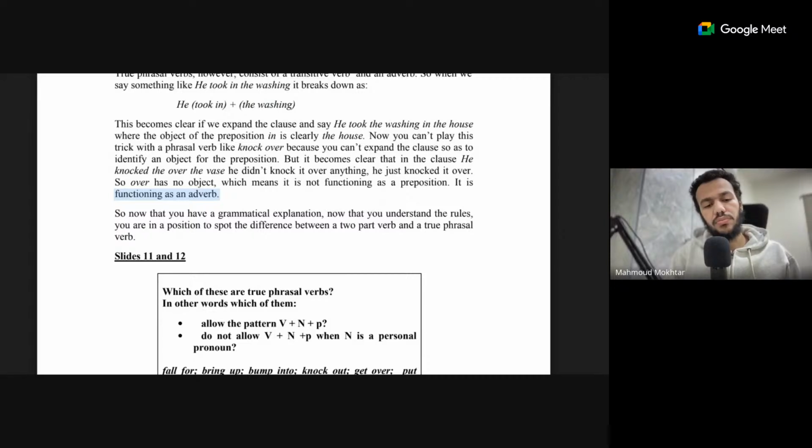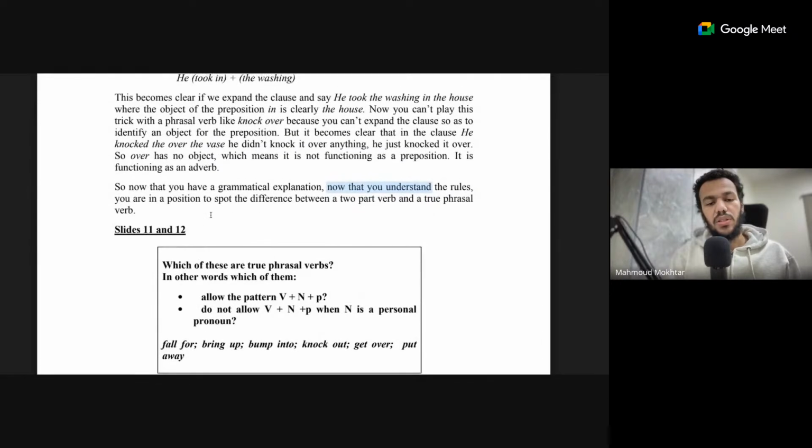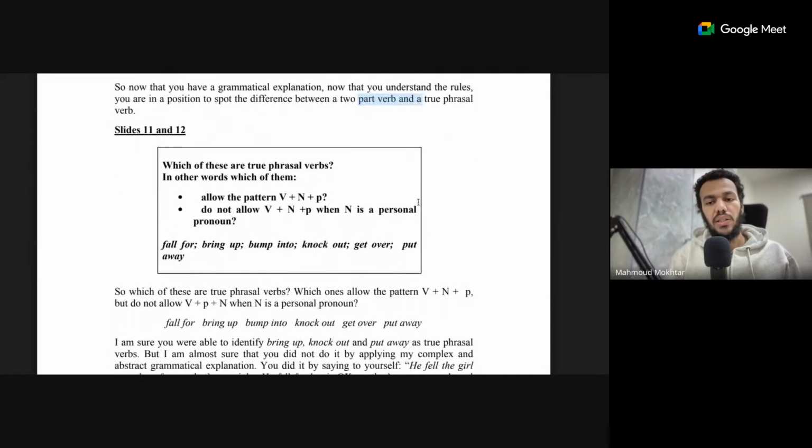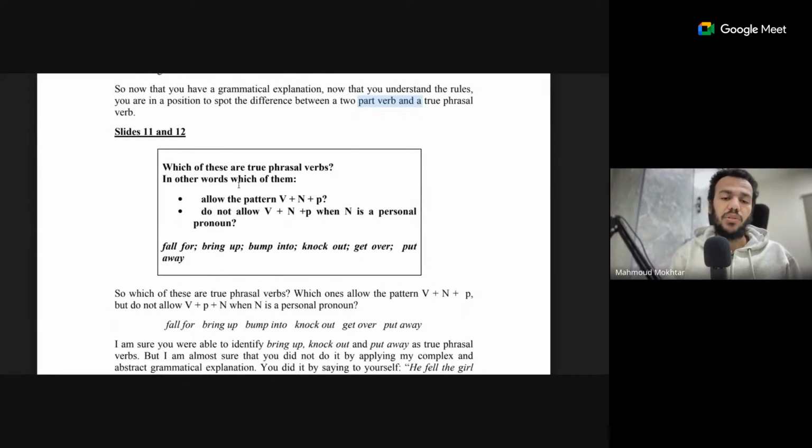So now that you have a grammatical explanation, you can understand the rules. You're in a position to spot the difference between a two-part verb and a true phrasal verb. Okay.